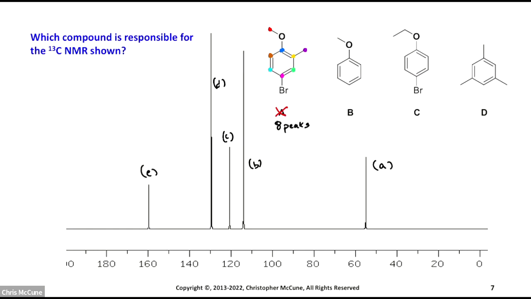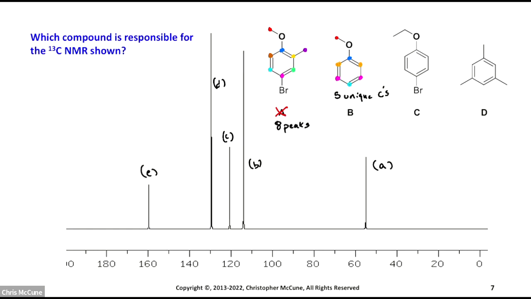If I go to B, B has some symmetry involved. And so I've got 5 unique carbons.